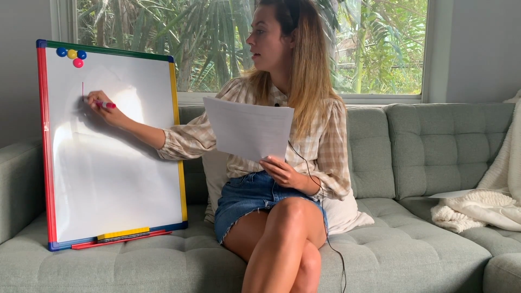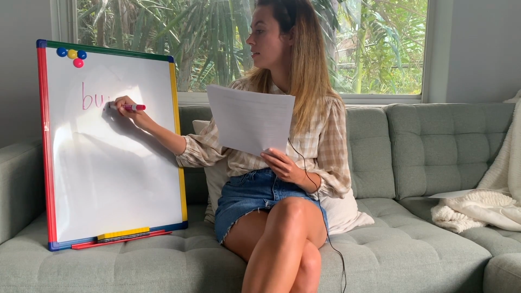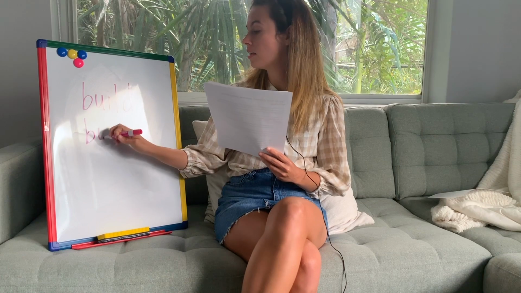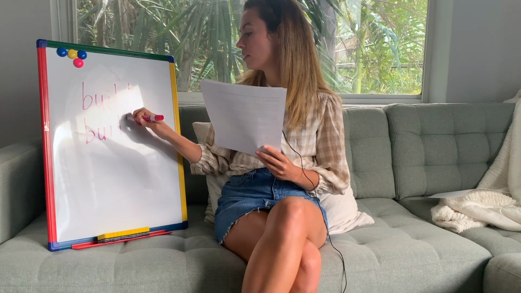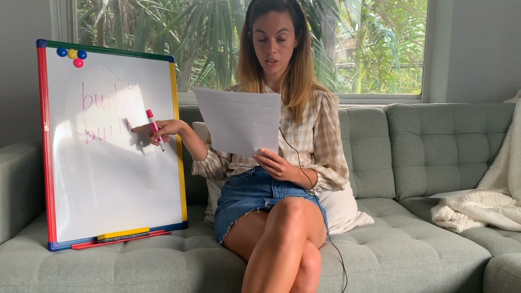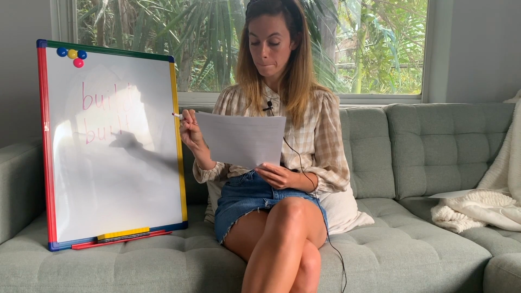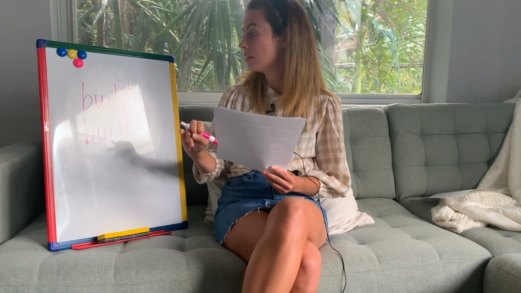Okay, next one is build versus built. So we have build versus built. And build with a D is a verb. So I might say he will build the tent later.